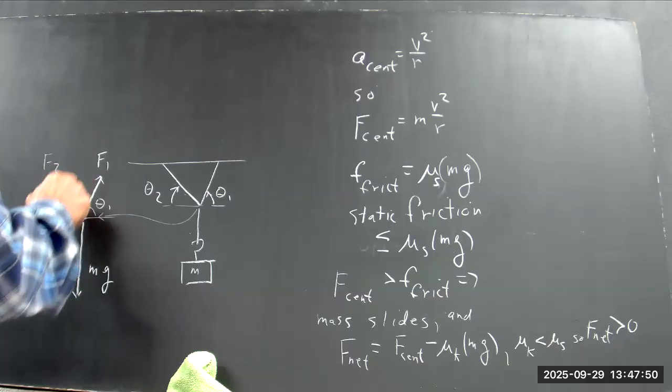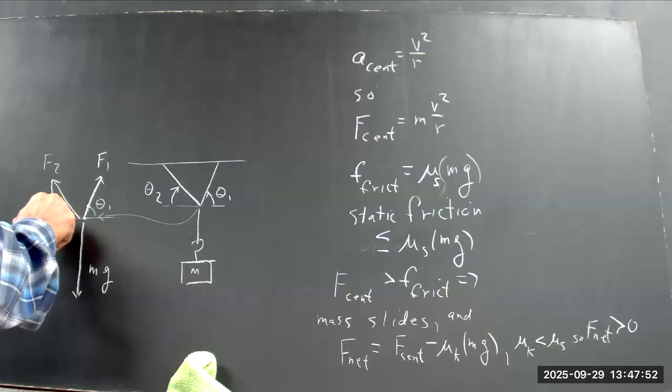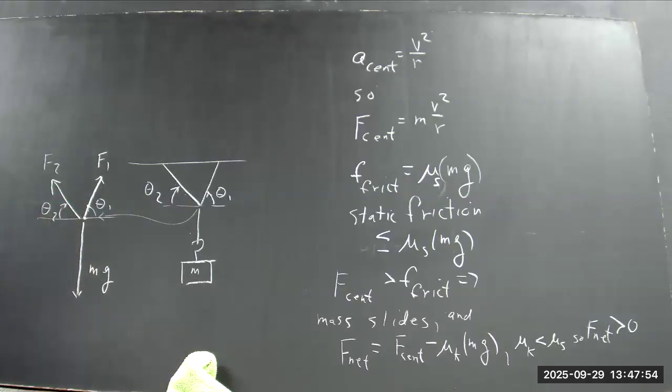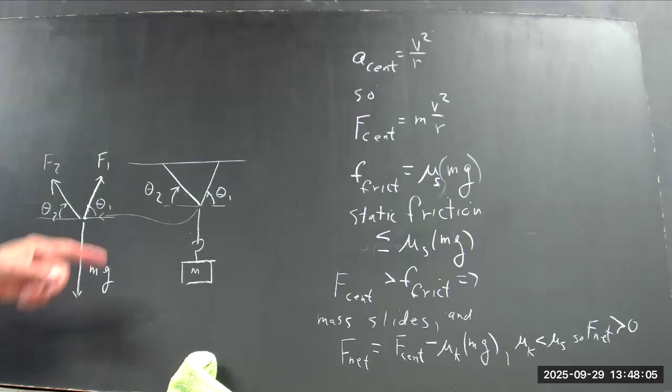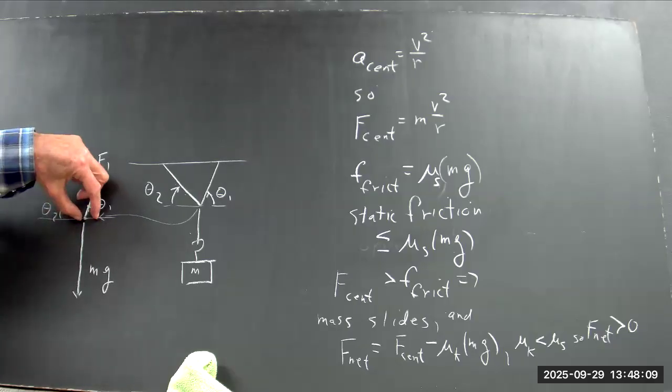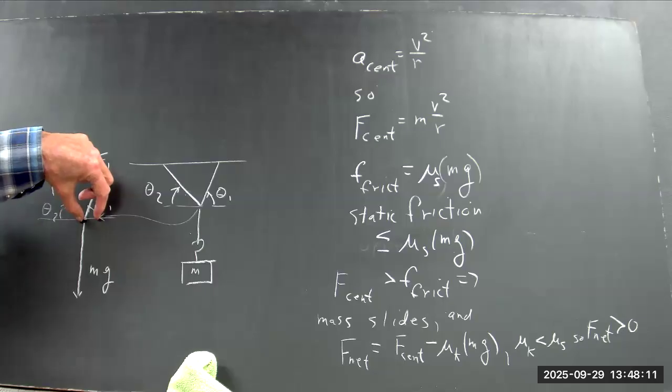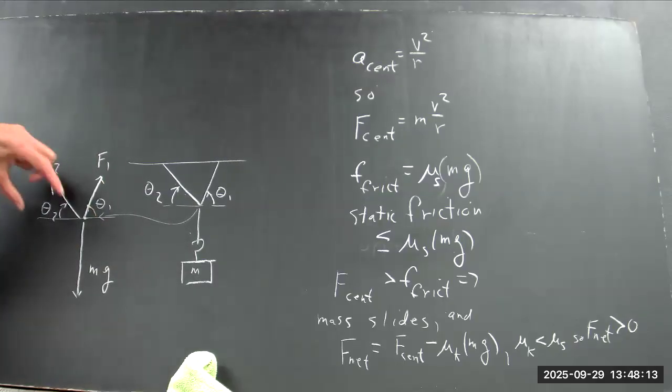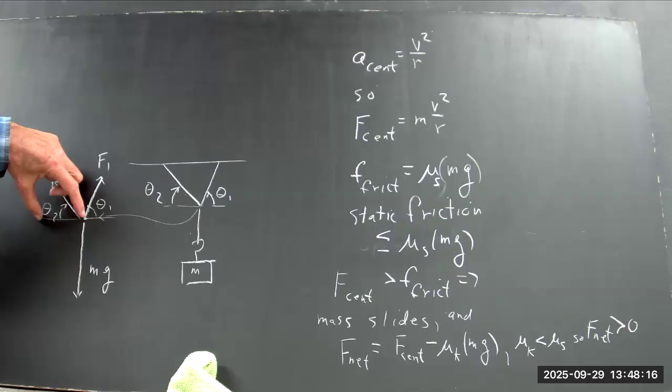And a force F2, and this angle is theta 2. Now, this is not a good representation of the relative forces. It's just giving you the direction of the forces. Why is this not a good representation? Because the horizontal component of this force, just project this down here, is about this big, right? And the horizontal component of this force, project down here, is about this big.